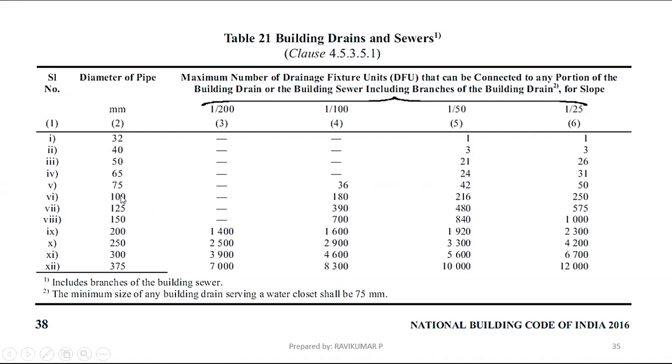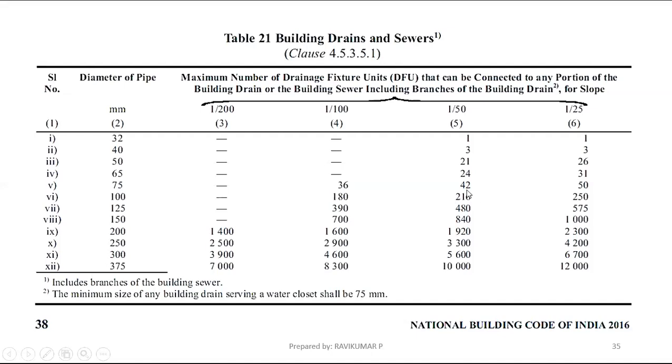And for 100 mm, if you are running the 100 mm pipe at a 1:100 slope, you can connect a maximum of 180 fixture units in the 100 mm header. If you run the same 100 mm header at 1:50, you can connect 216 fixture units.